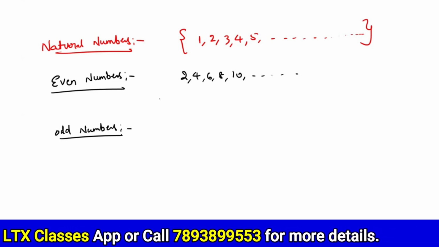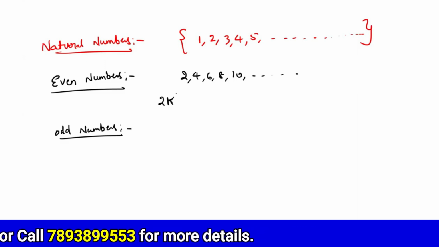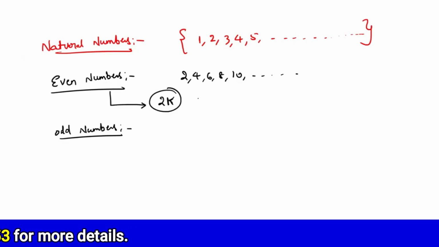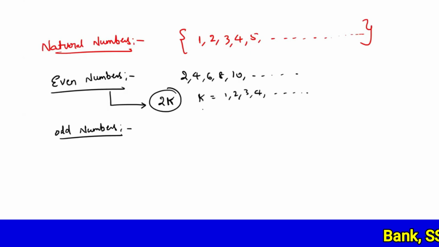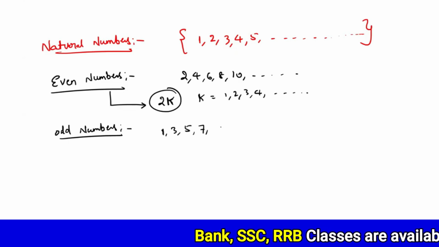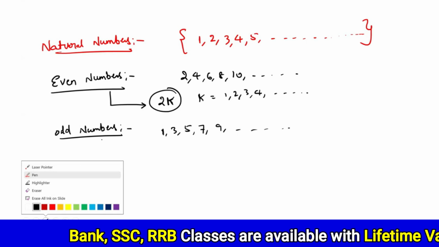Remember one thing, any number which is multiplied with 2, so 2 times k, will be considered an even number, where the value of k can be 1, 2, 3, and so on, any natural number. Coming to odd numbers, it will be like 1, 3, 5, 7, 9, and so on. And now tell me, what is the general representation for odd numbers?